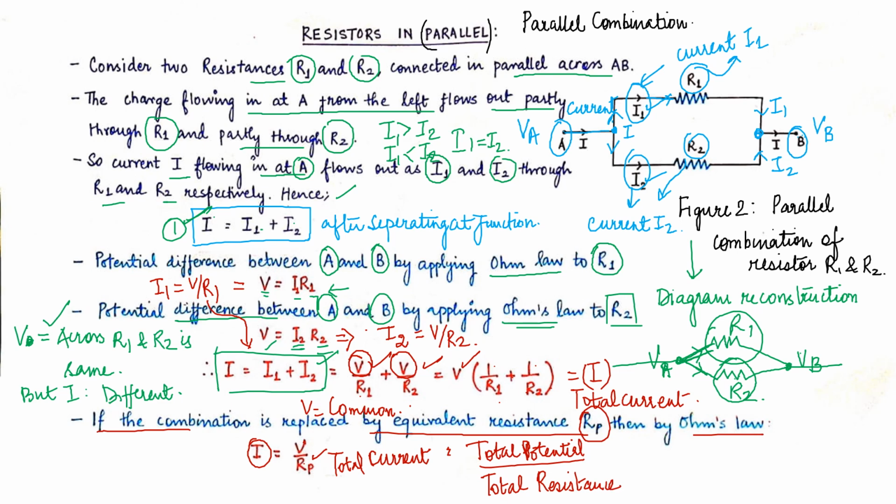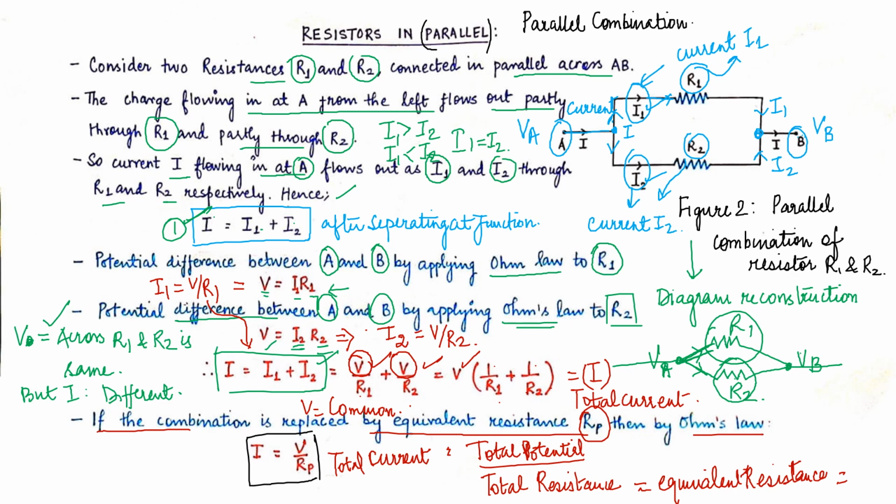Over here, the resistance is our equivalent resistance. What is equivalent resistance? It is the combination of both R1 and R2. So see the formula over here: I equals V upon Rp.